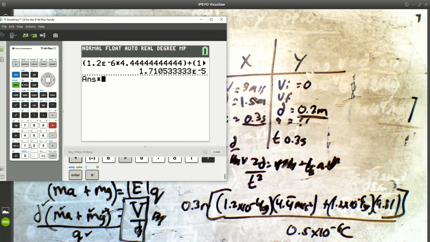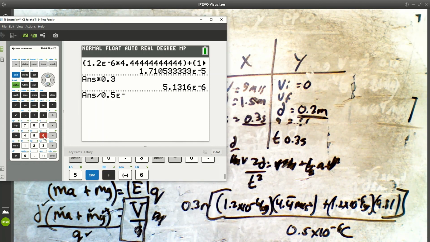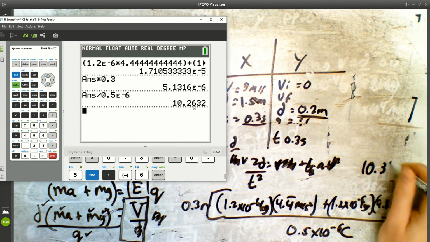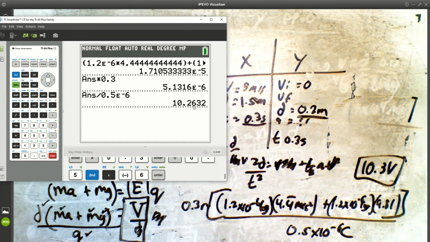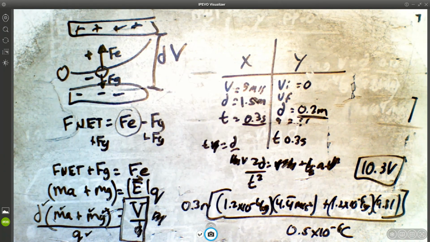And I get an answer for that, so I'll multiply it by 0.3 divided by 0.5 times 10 to the negative 6. And that's it. I don't need to do anything else to it. So our voltage across the plates looks like it is 10.3 volts. And we're done. That is all.